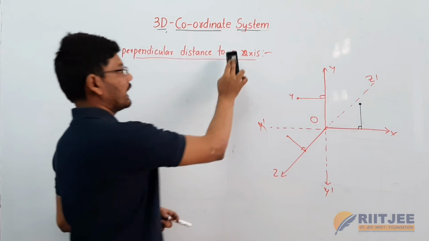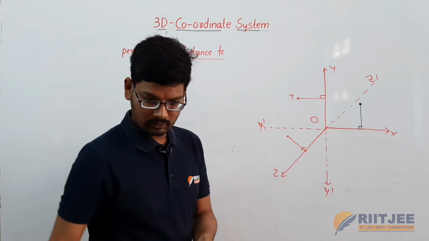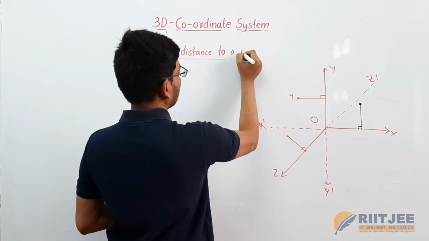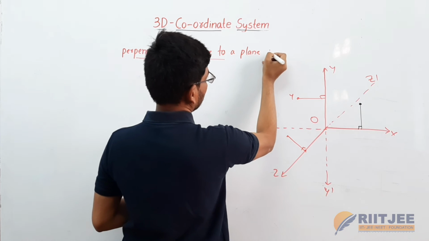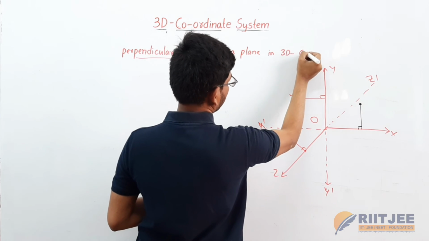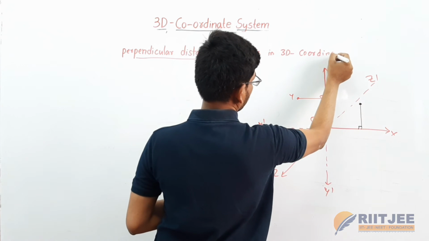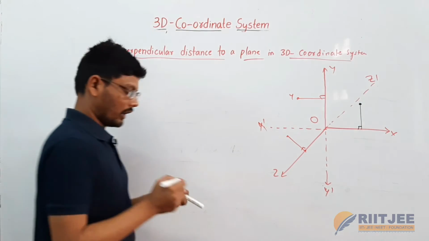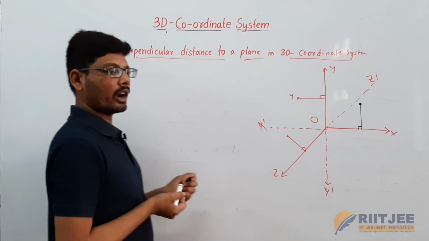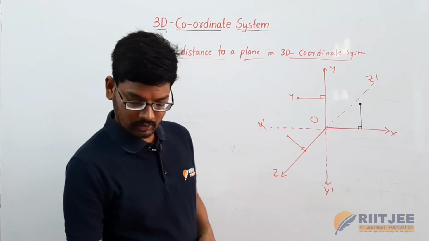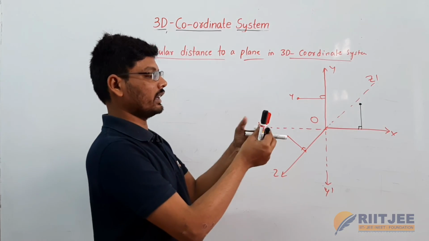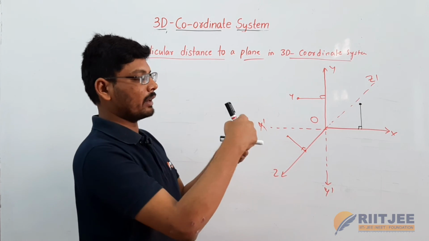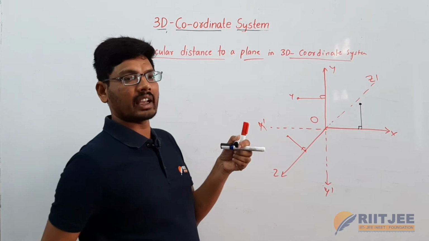Next, perpendicular distance to a plane in a 3D coordinate system. In the last case, a point is perpendicular to this axis, this axis and this axis.